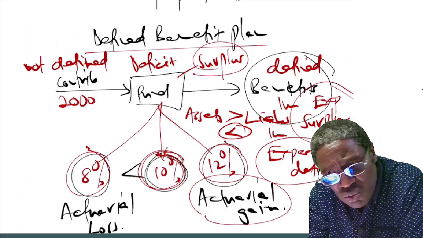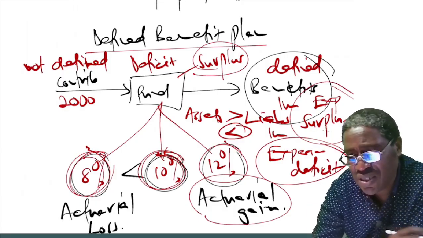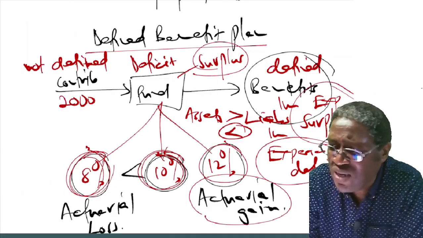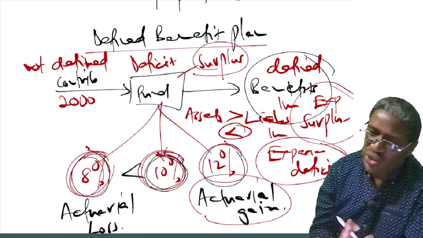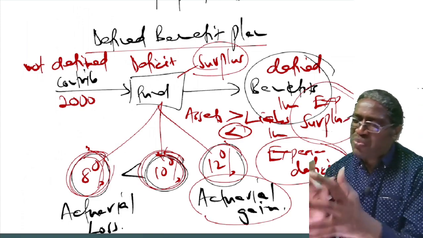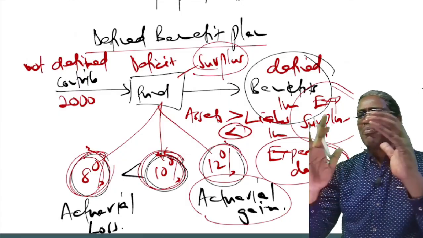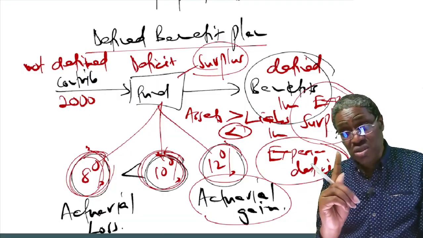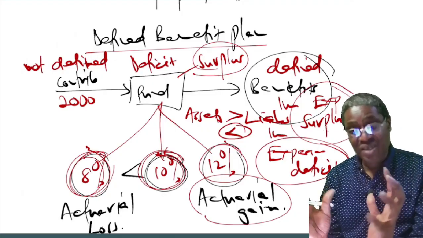Then I also told you, if we continue contributing 2,000, earning 8%, what will happen to the fund? The fund will obviously have a deficit. So the actual gain and actual loss, experience surplus and experience deficit, all of them come up because of the same scenario. But it's the definition that is separating them. But the effect in the fund is the same.